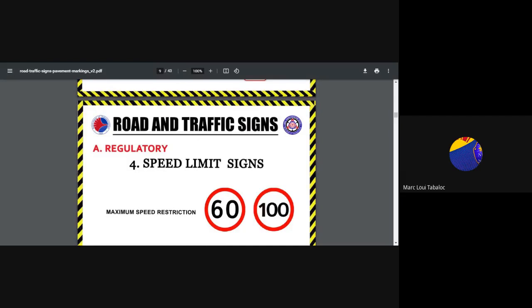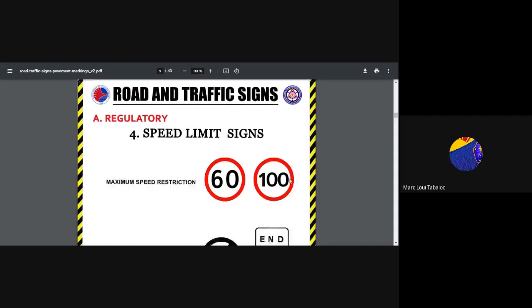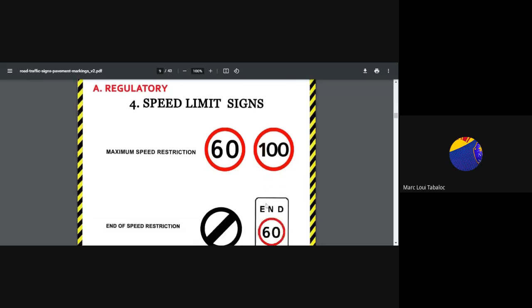Another classification under regulatory traffic signs are those signs which inform us and restrict us to a certain level, such as speed limit signs. May nakasulat on the side of the road, mga numbers yan commonly, round ang shape sa traffic sign.